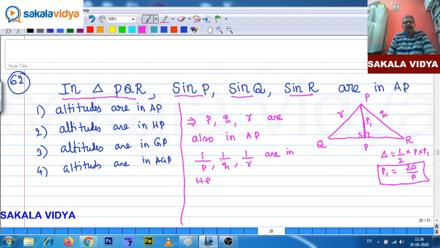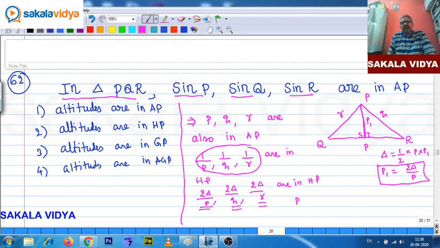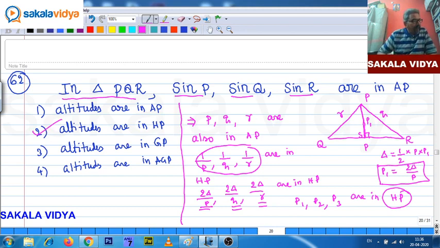That means now multiply all these three terms with 2 delta. You get 2 delta by p, 2 delta by q, 2 delta by r are in a harmonic progression. This is nothing but the altitudes. Say p1, p2, p3 are also in harmonic progression. That means the second option is the right option. National Defense Academy also it will be useful.